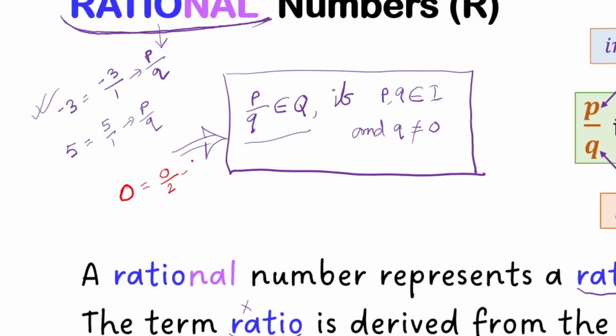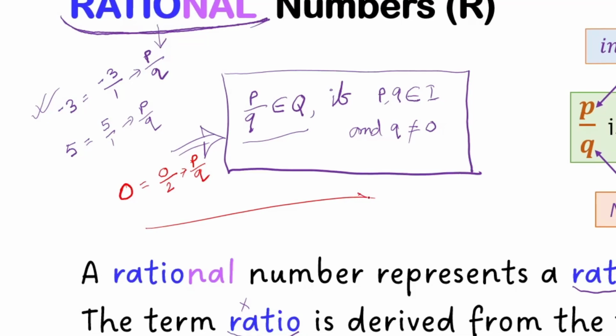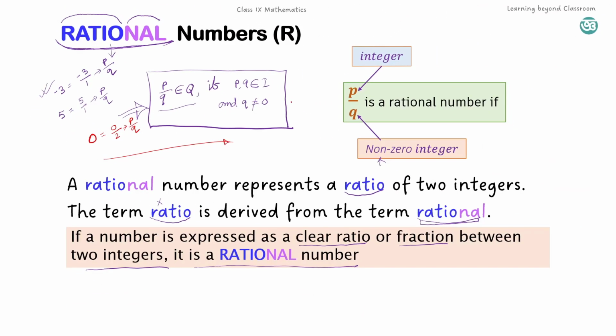This is also in the form of P upon Q, and it fulfills the conditions: P and Q are integers and Q is a non-zero integer. So all the numbers which can be expressed in the form of P upon Q, where P and Q are integers but Q is not equal to 0, are called the rational numbers.